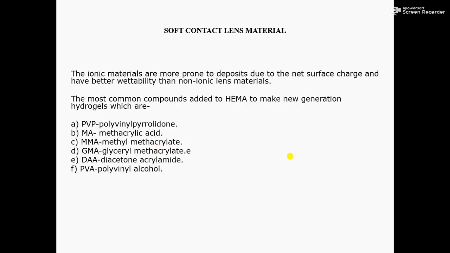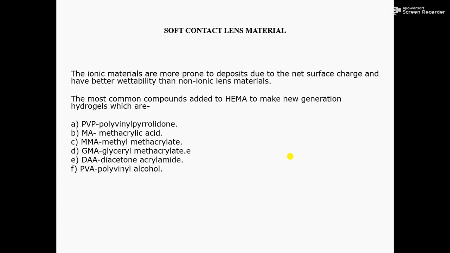The ionic materials are more prone to deposits due to the net surface charge and have better wettability than non-ionic lens material.